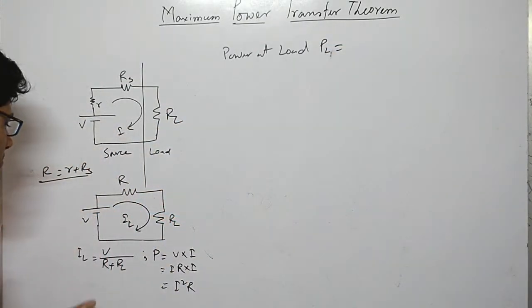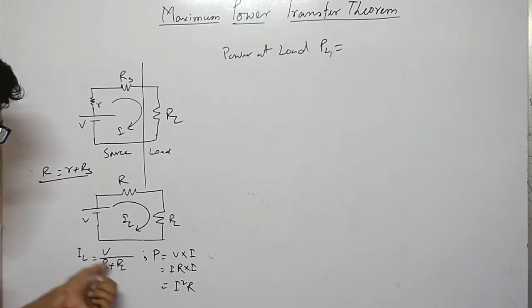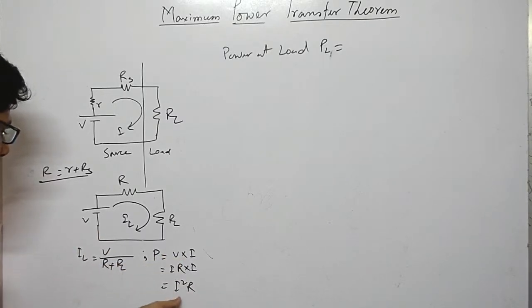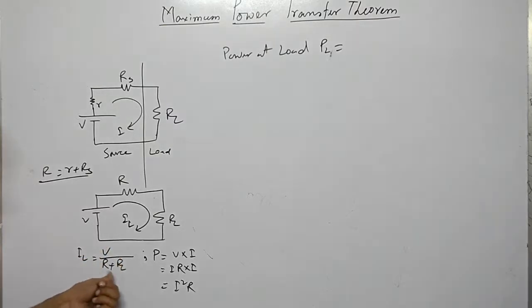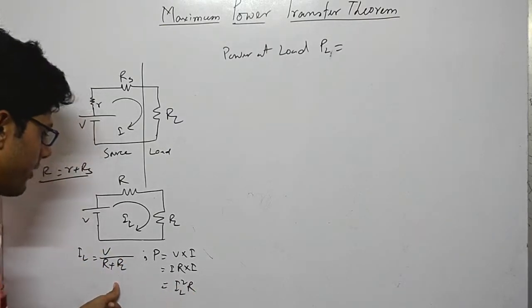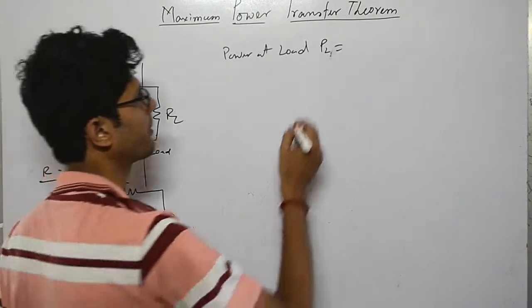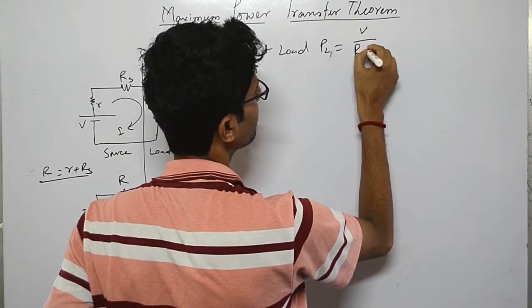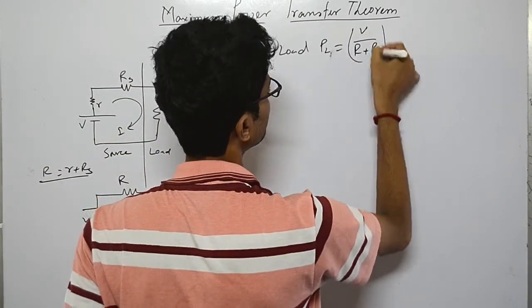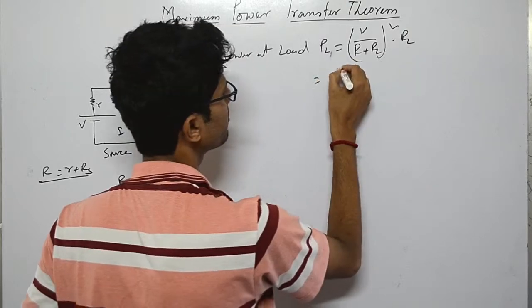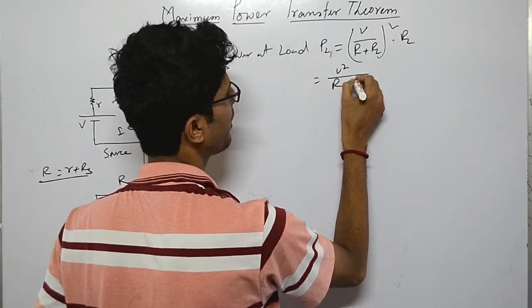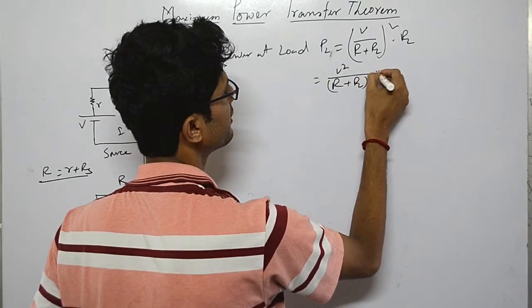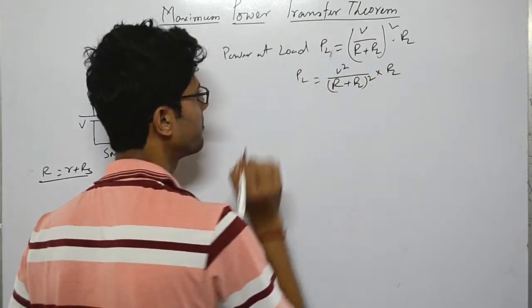PL equals I square R, and for the load it is IL square into RL. The IL value is V by R plus RL, squared, into RL. So PL is V square by R plus RL whole square, into RL. This is the value for PL.